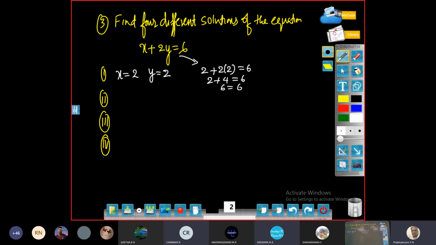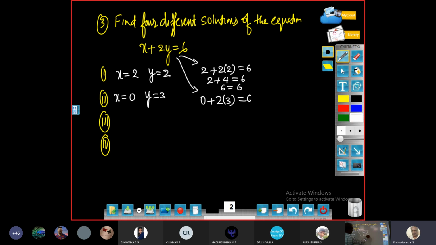Then another solution: x is equal to 0, y is equal to 3. Okay, x value 0. Same thing I will write here: x value is 0, 2 into y value 3 is equal to 6. Left hand side also 6, right hand side also 6. That is also a solution.